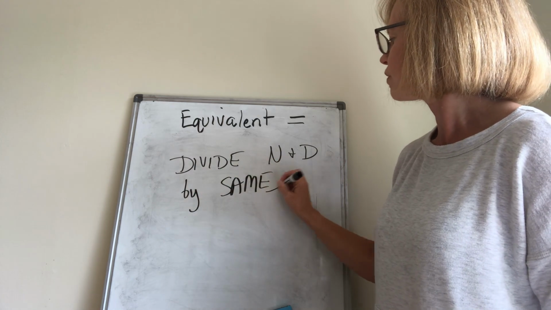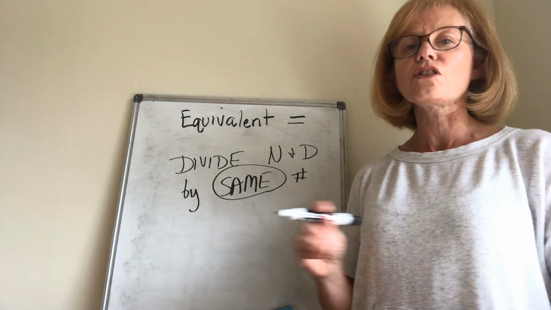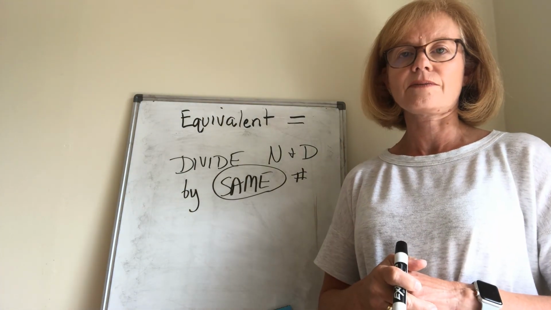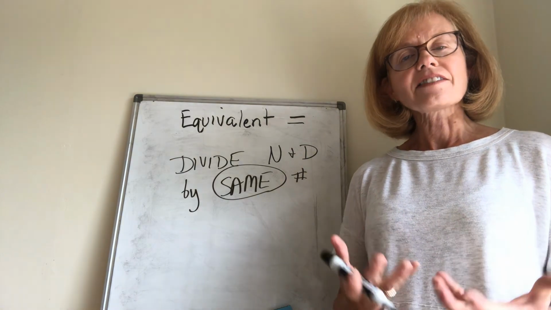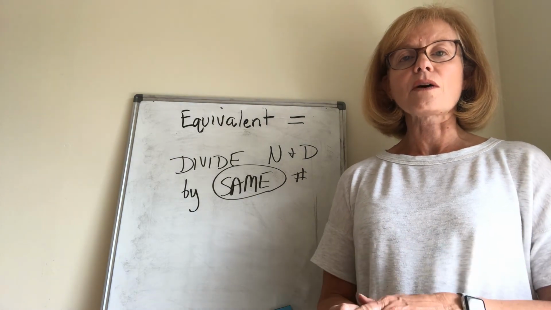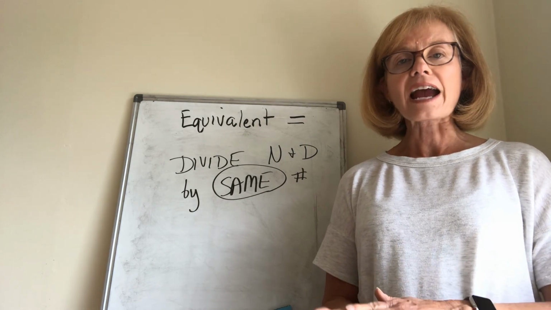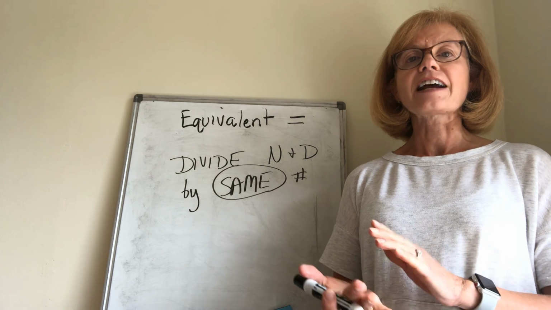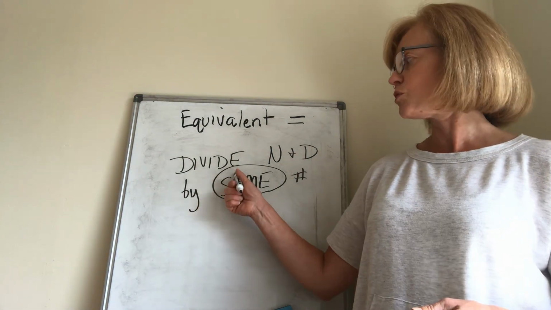And this is really, really important. If you don't do this, you don't find an equivalent fraction. All right, so try this out. Use some of the worksheets that are attached underneath this video to practice this concept of finding an equivalent fraction by simplifying using division.